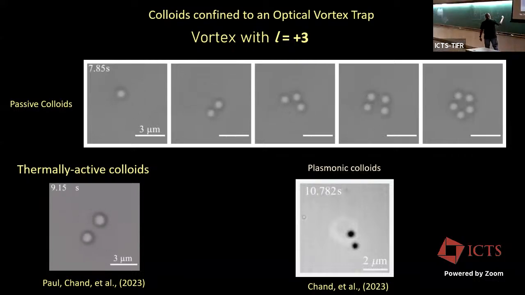For example, you now have a beam which is carrying an angular momentum associated with the direction of this particular handedness, which means that there are particles now trapped in this confinement. So they all start going around in a particular direction. What is interesting is that now you can have a test particle which will try to join in from the outside. And this test particle does not have the same absorption characteristics as this particular particle.